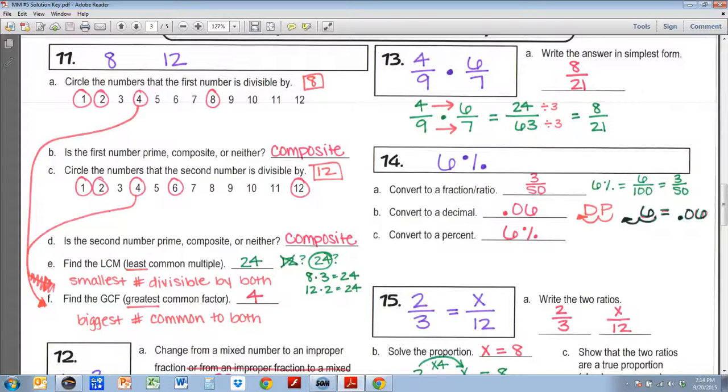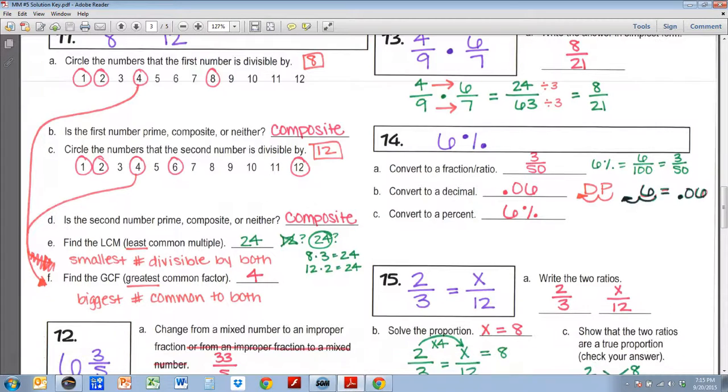For number 12, we're going to circle the numbers that the second number is divisible by. Okay, so these are all the numbers that we can divide 12 by. There's a lot of them. So obviously if there's so many, it will be a composite number. So it says find the least common multiple.